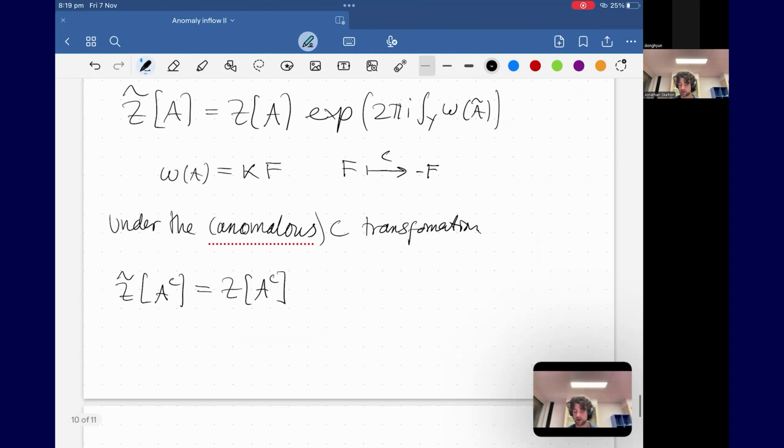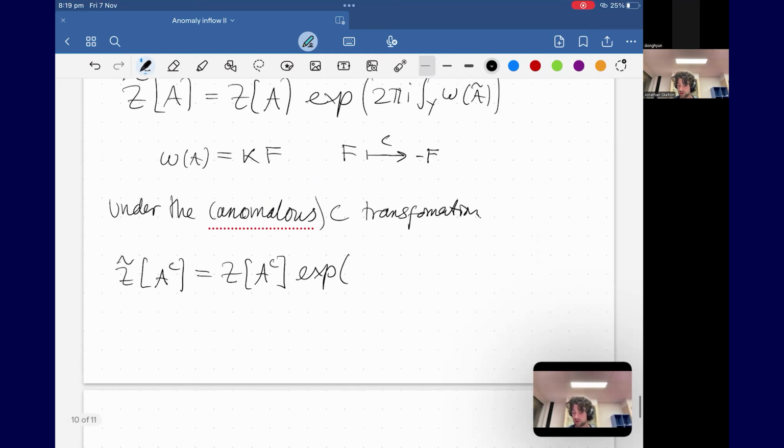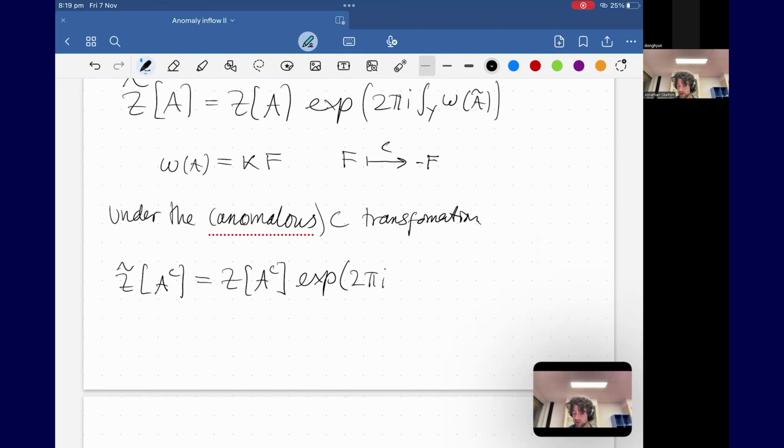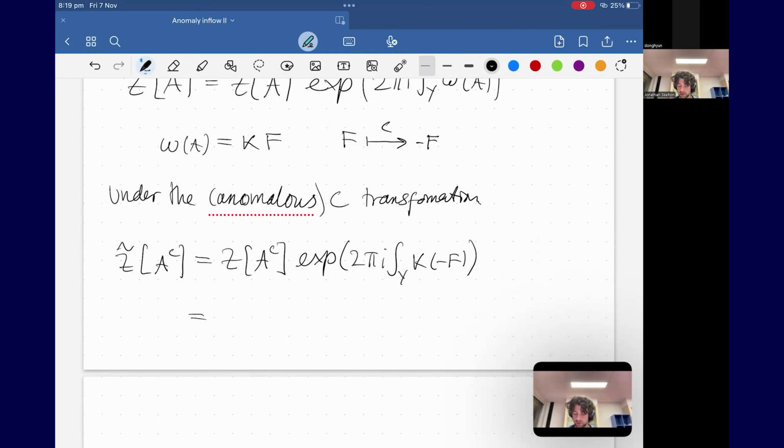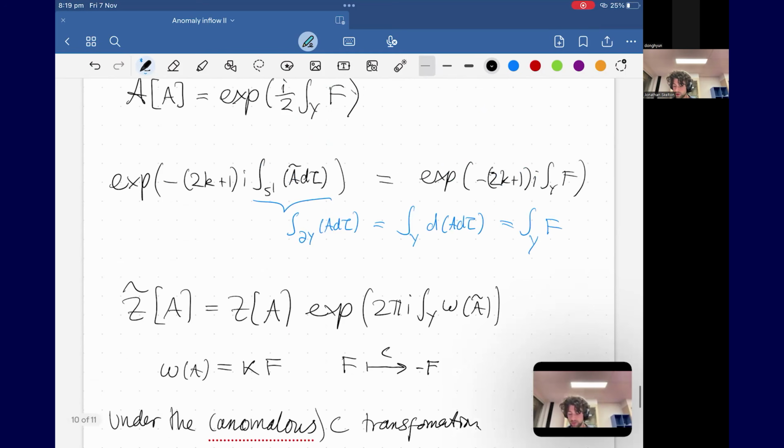Okay, so then this is going to be equal to this times exponential of 2 pi I gamma kappa minus f. And then as we saw before, this Z is then going to be equal to ZA exponential of, where was it?